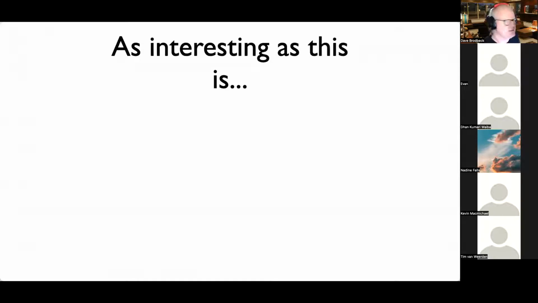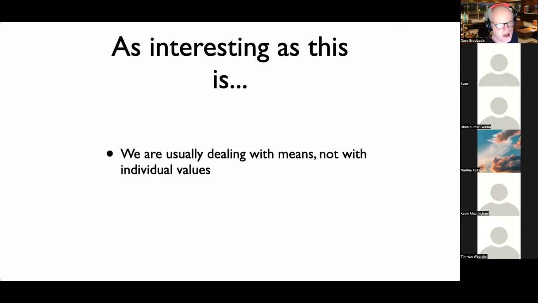Now, as interesting as this is, and I'm using interesting sarcastically here, we're usually dealing with means, not with individual values. I mentioned in that lecture, no one ever asks how many people have an IQ between 95 and 107. It's not a research question. It's a statistics practice question in an intro stats class, to show that you know how to look things up in a z-table.